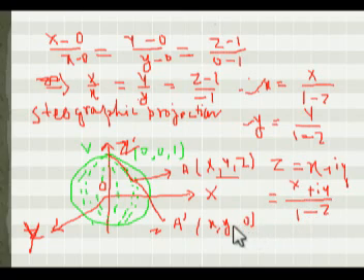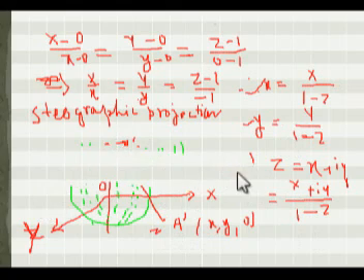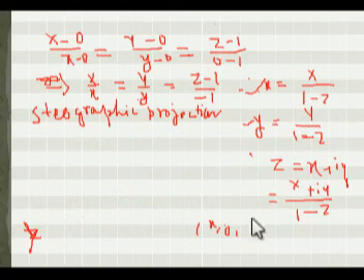Now, if we conversely wish to represent the point on the sphere through the points of the complex number, how can we represent it? In this way, we can represent this.